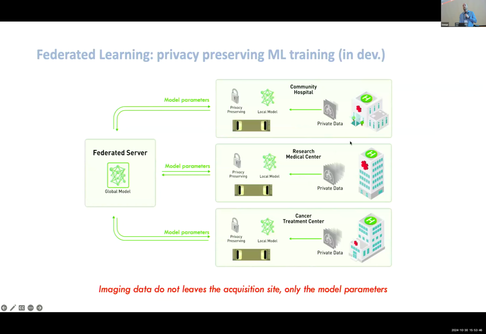So what you can do instead is perform model training at each of the different sites, and then share the model parameters to update a centralized model instead of having to share the data to a centralized node. There's quite a lot of interest in this, but it's quite difficult to set up a framework to do this. So having this already set up for researchers to come along and use, we're hoping will facilitate quite a few projects.